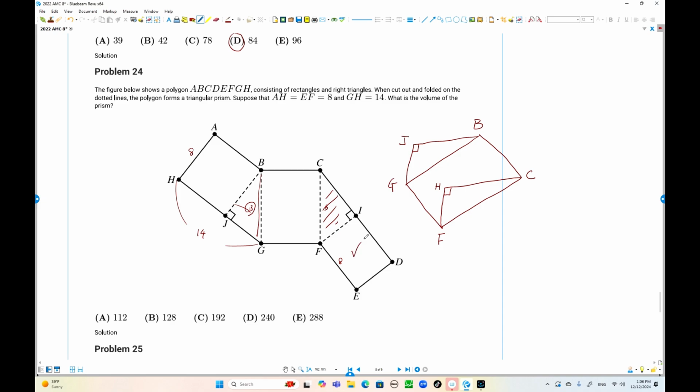Where is this side? When you make over here, HF, FH, where is F? This is I, right? Not I. There is FE, right?